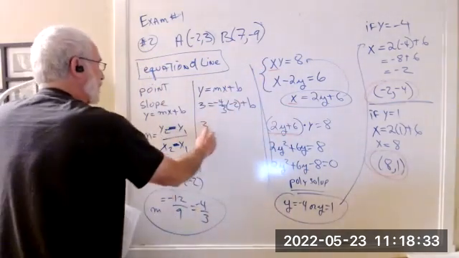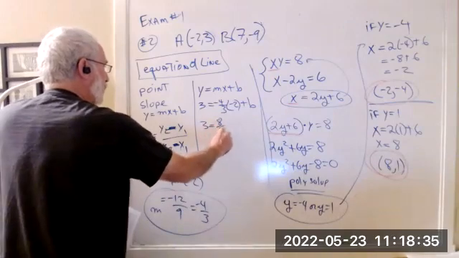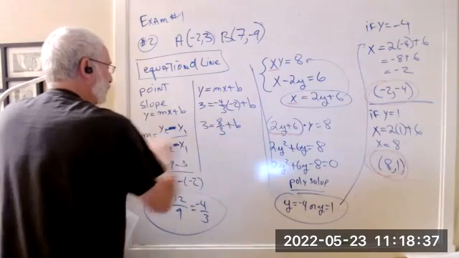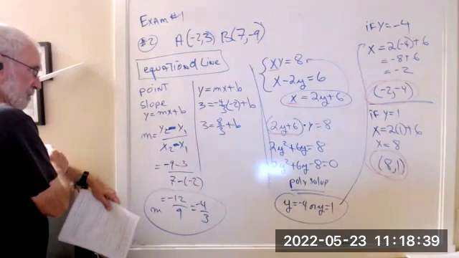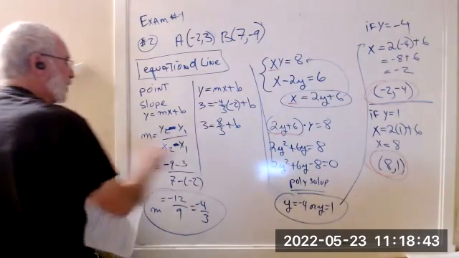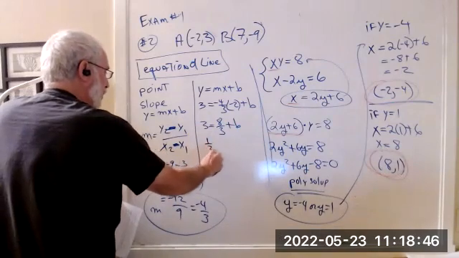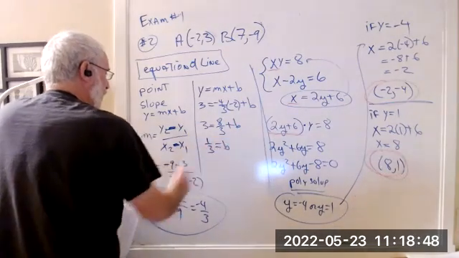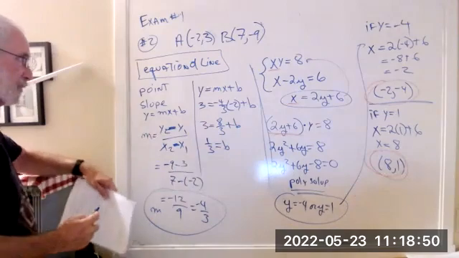So this is 3 equals 8 over 3 plus b. Okay, take away 8/3 from both sides, and your calculator will do that. You get 1/3 equals b.